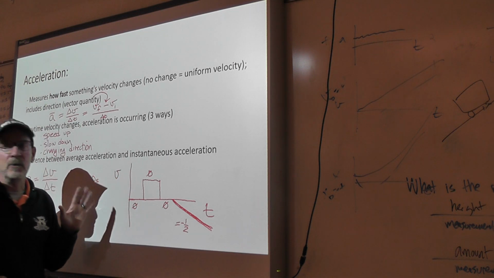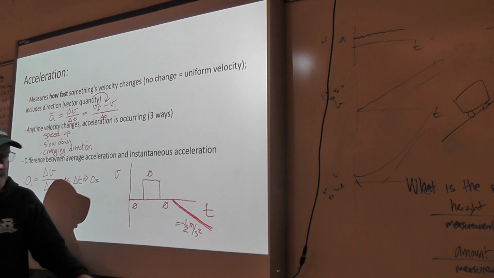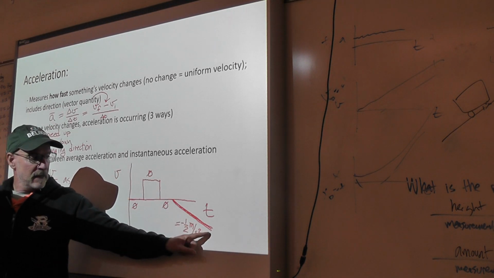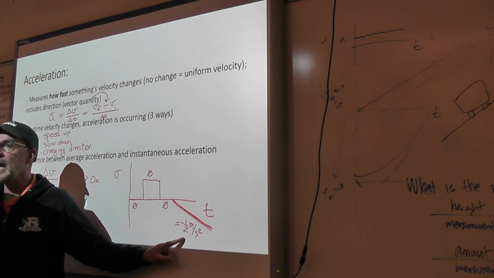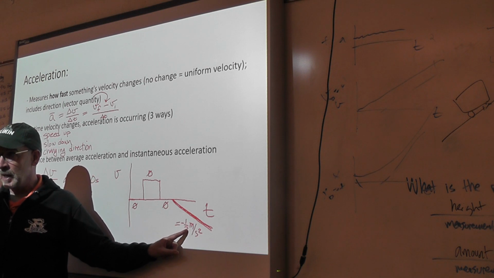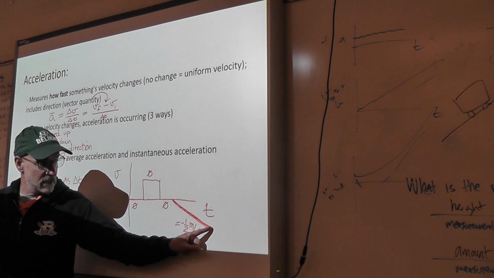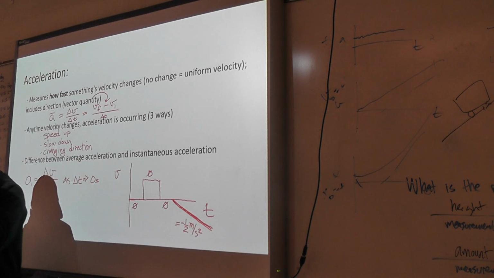The units for acceleration, which we'll talk about next week, are meters per second squared. This means that every second, your velocity became 1/2 meter per second more negative. Okay, so after 1 second, you would have been traveling at -1/2 meter per second. After 2 seconds, you were traveling at -1 meter per second.